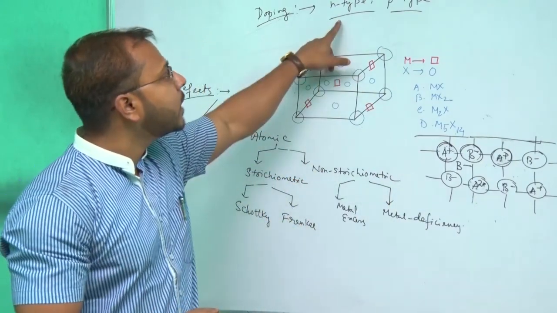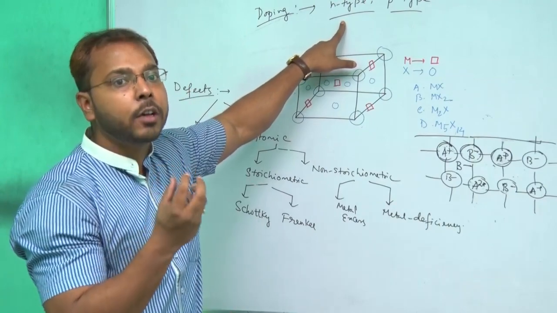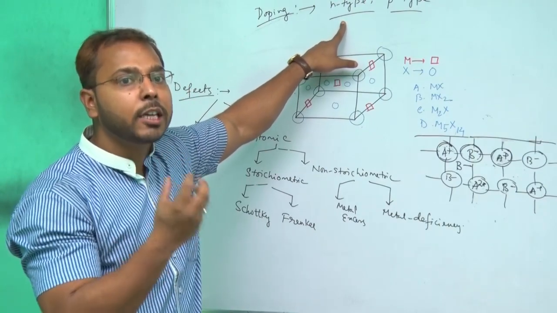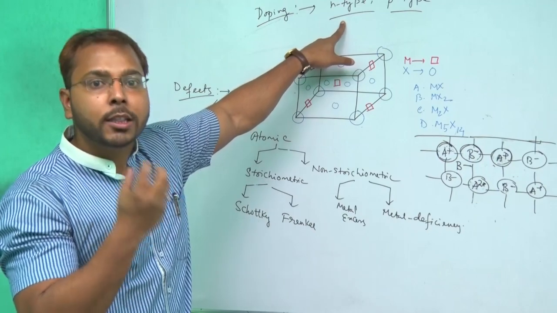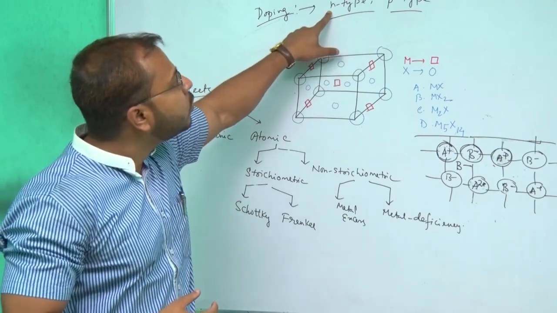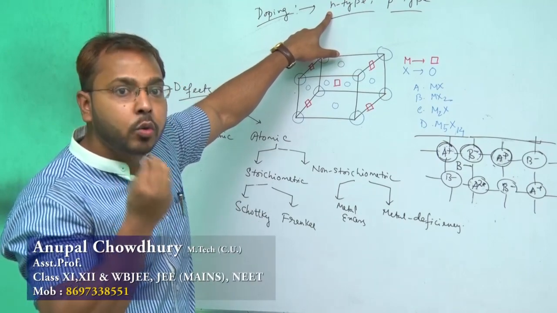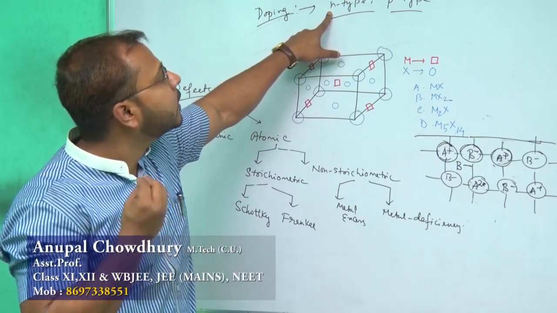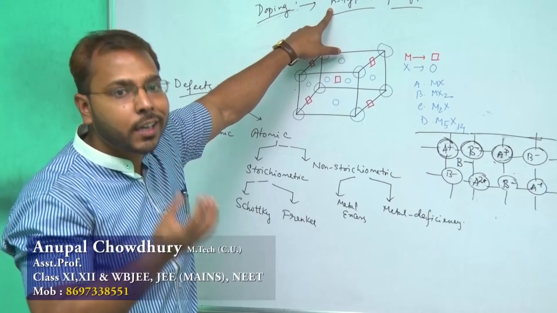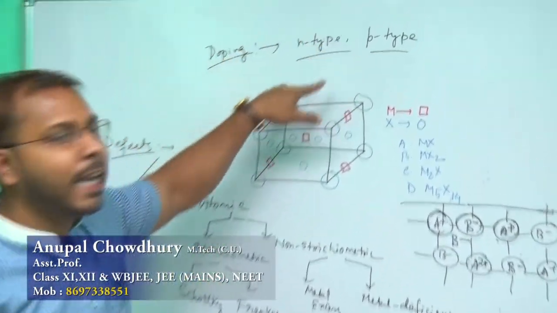That means they are known as N-type. Why N-type? Because when silicon and germanium are doped with pentavalent elements, due to the extra electron, that means negative charge, they develop the property to conduct electricity. That is why they are known as N-type.